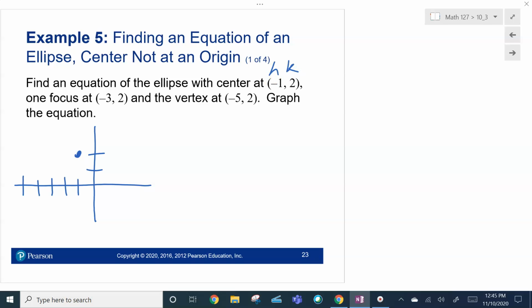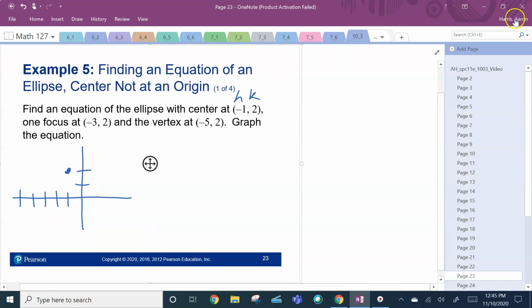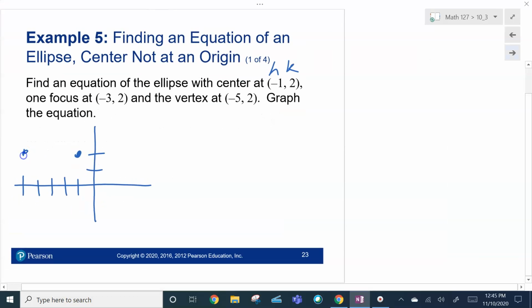We've got a vertex at (-5, 2). We're going to see how far away that is. That'll tell us the a distance, and we've got a focus at (-3, 2). Here's our center, here's our vertex, here's our focus.